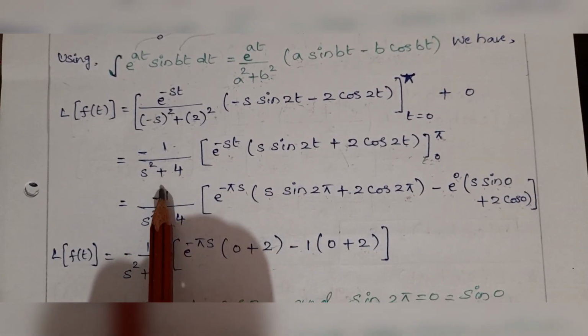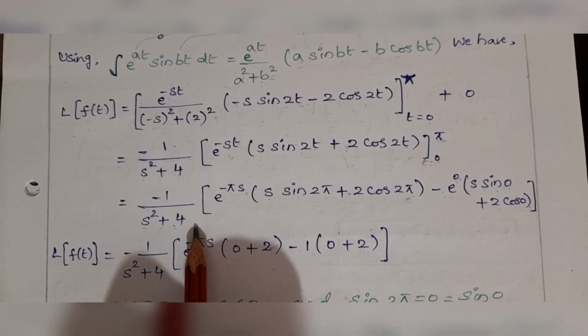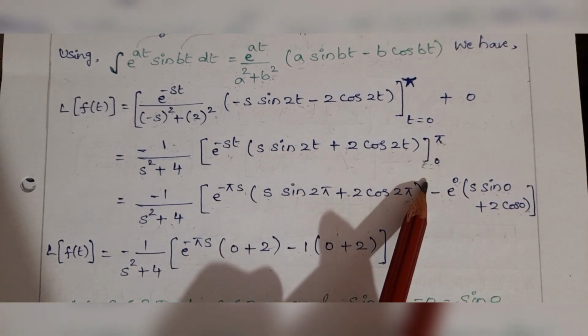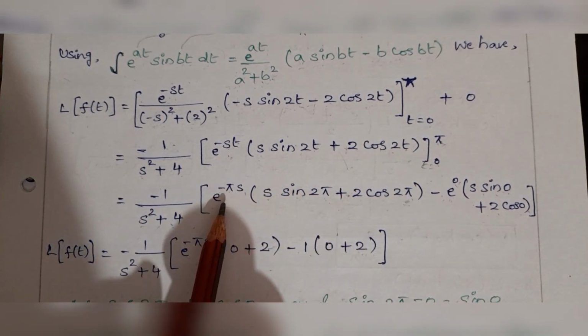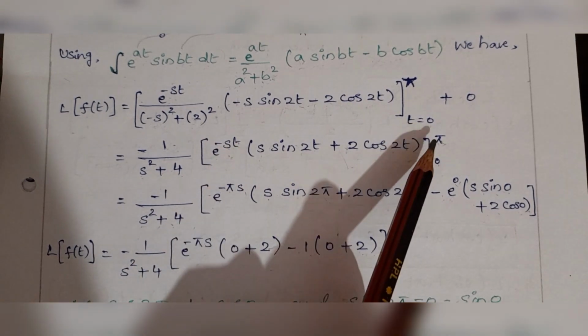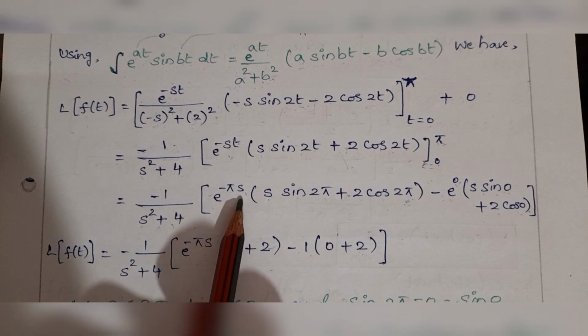Next, minus 1 divided by s square plus 4. Apply the upper and lower limit t. E power of minus t value is pi, upper limit is pi, s.